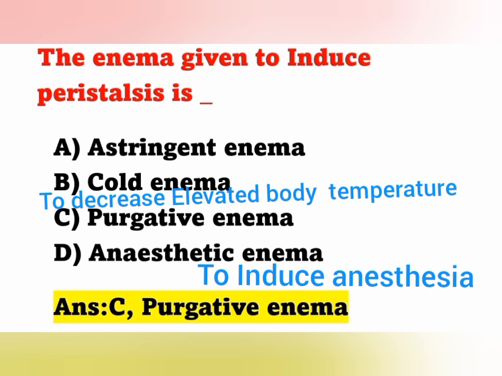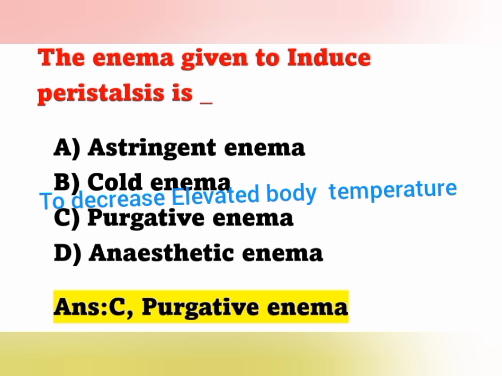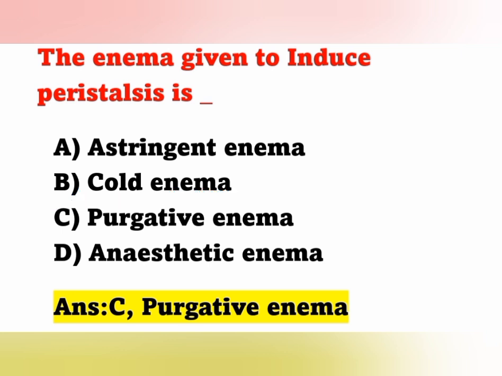In case of pyrexia, this cold enema will help to reduce the body temperature. The last option, anesthetic enema, is given to induce anesthesia. So our correct answer is purgative enema, which will help to induce peristalsis.